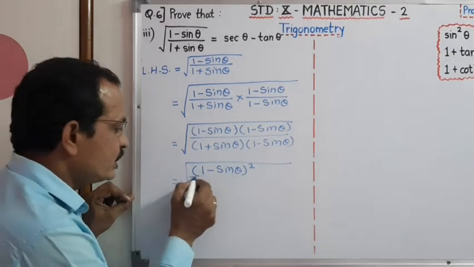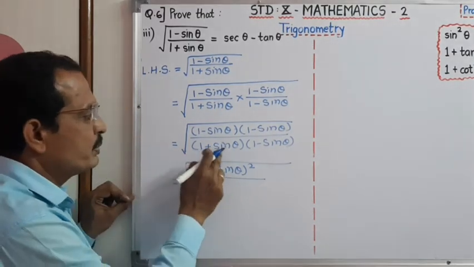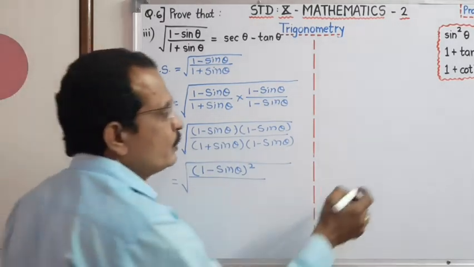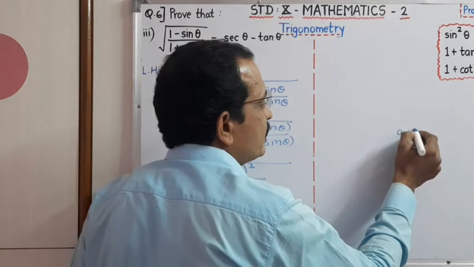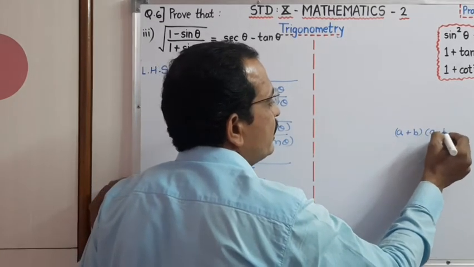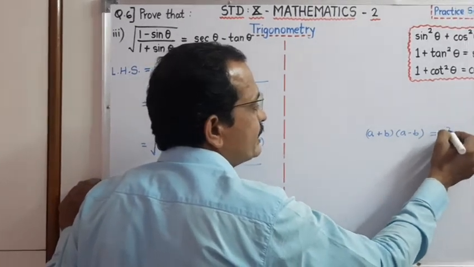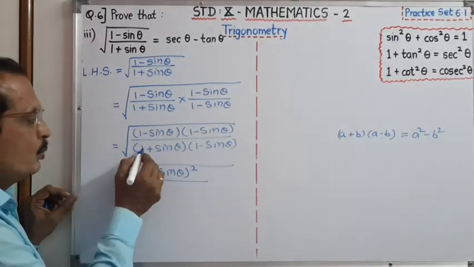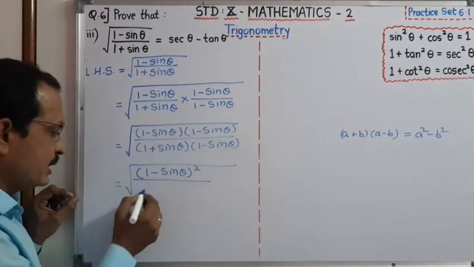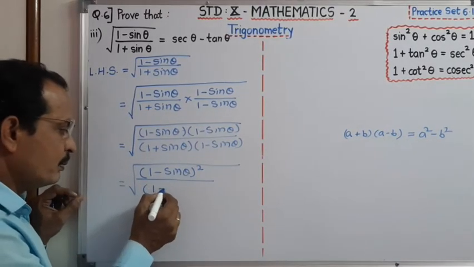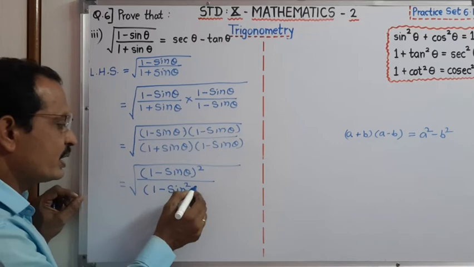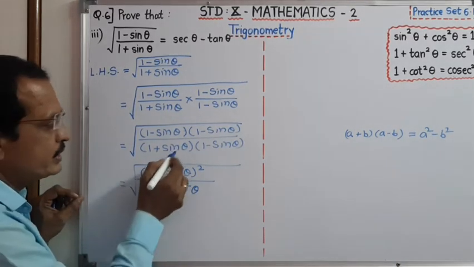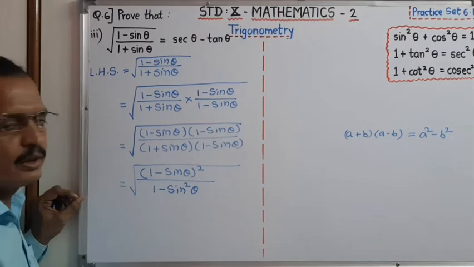Got it? Now, dear students, see here. 1 plus sin theta into 1 minus sin theta. All of you know that a plus b in bracket a minus b, then we write a square minus b square. Same way, 1 plus sin theta, 1 minus sin theta, that means 1 minus sin square theta. That means square of 1 is 1 and square of sin theta is sin square theta.